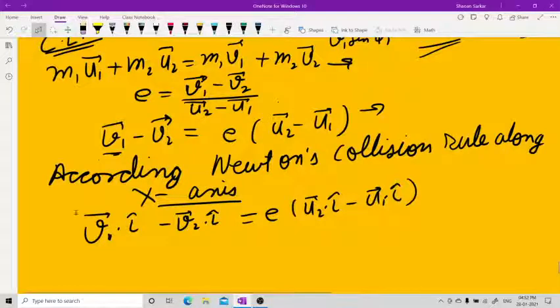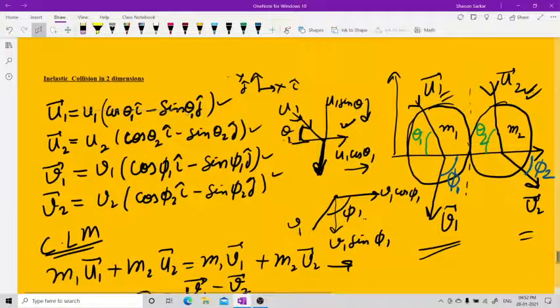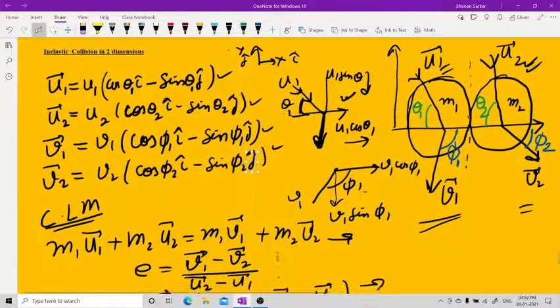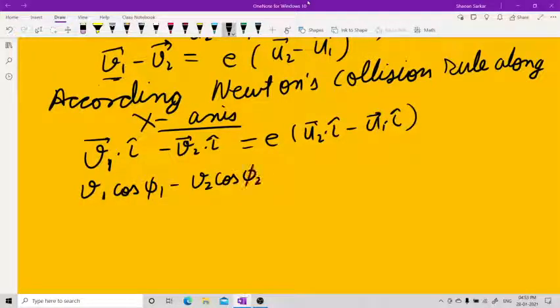You can see here, if you do i dot i with this, the j components will become 0. Let's come down. Now you will have only v1 cos phi 1 minus v2 cos phi 2 is equal to e times u2 cos theta 2 minus u1 cos theta 1.